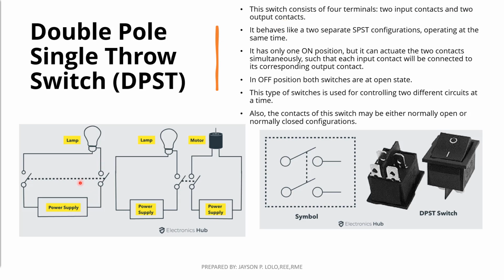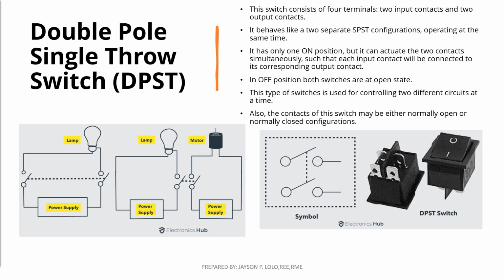As you can see, you can switch here to light up the lamp, and you can switch here to light up the other lamp. Another application is if you are using a lamp and a motor. So it behaves like 2 separate SPST configurations at the same time.